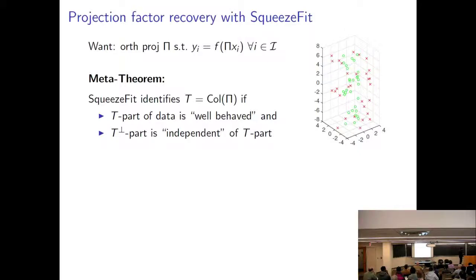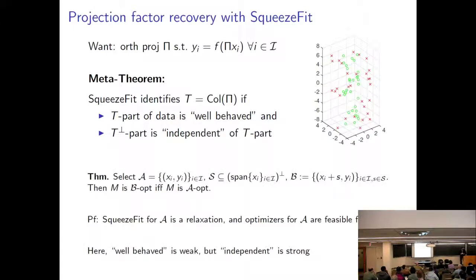Okay? So 2 instances of this. One's easy to prove. One of them's less easy to prove. In this model, by independent, we mean that for every data point in the subspace, we have an identical copy, like we're taking a Minkowski sum with a fixed set in the perp space, and we have that data available to us.